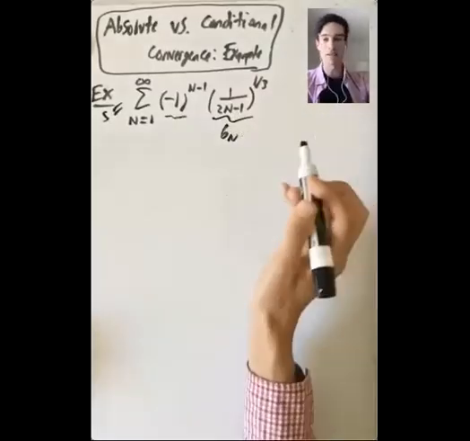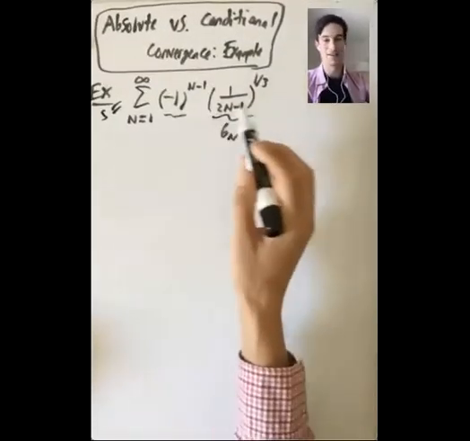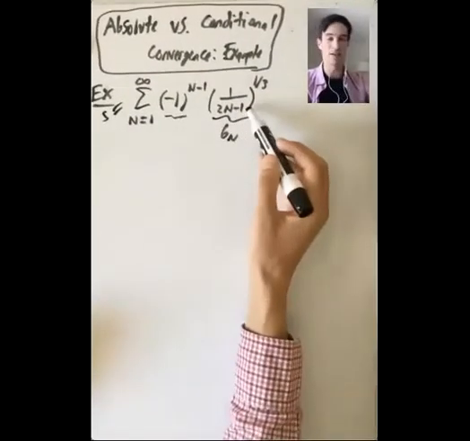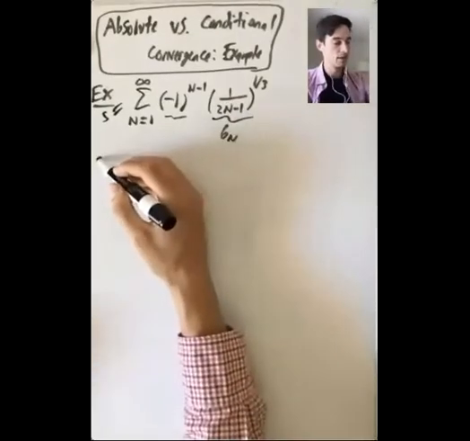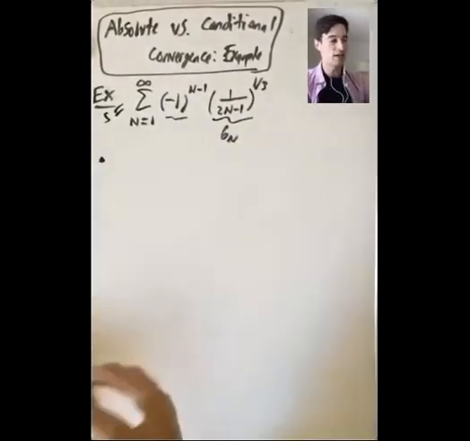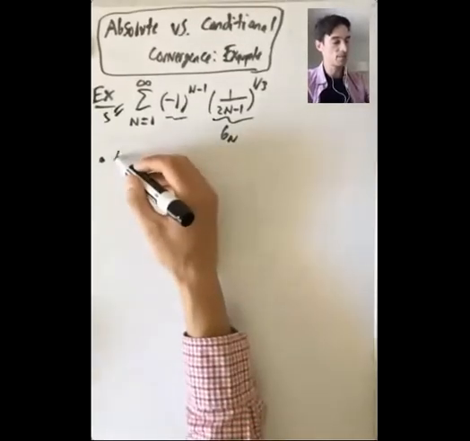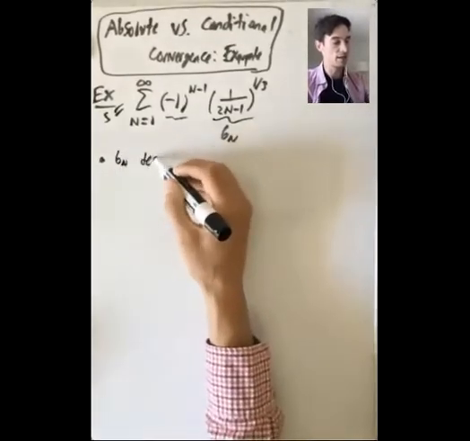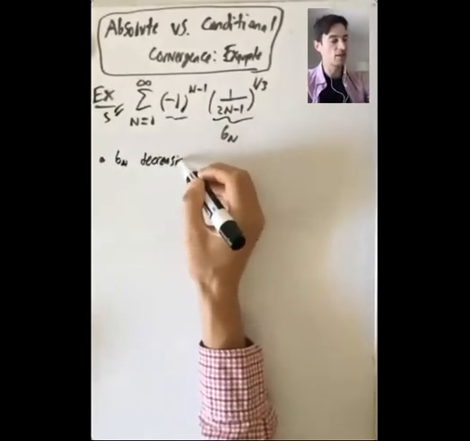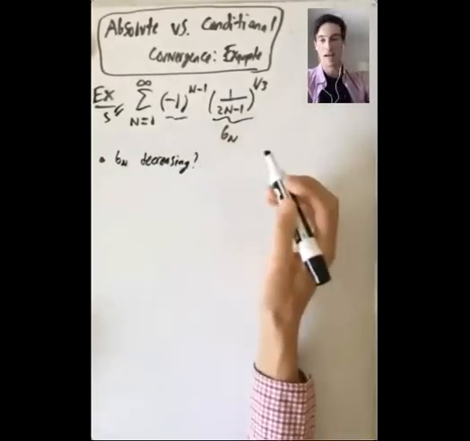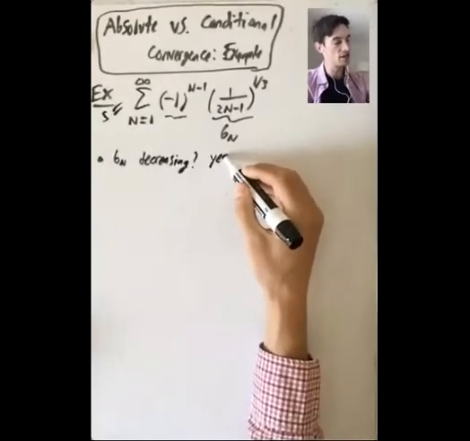So we take the rest of the sequence that we're using to build our series and call that Bn. We want to apply the alternating series test. So is Bn decreasing? That's the first thing we have to answer. And here, it's not hard to see that the answer is yes.